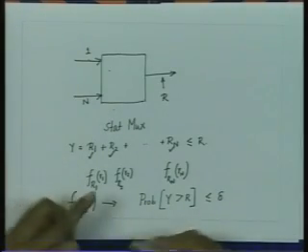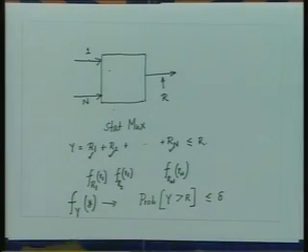If there is a limit on the tolerable packet loss, let us say delta, then we need to ensure that the probability that Y is greater than R is less than or equal to delta. As I pointed out, this is a hypothetical admission control mechanism.